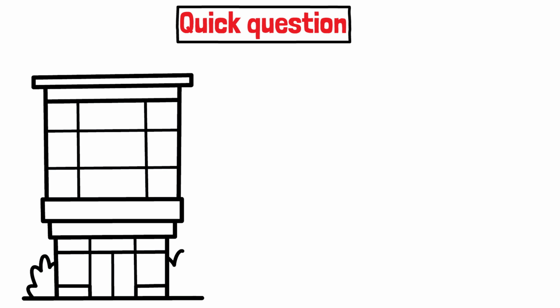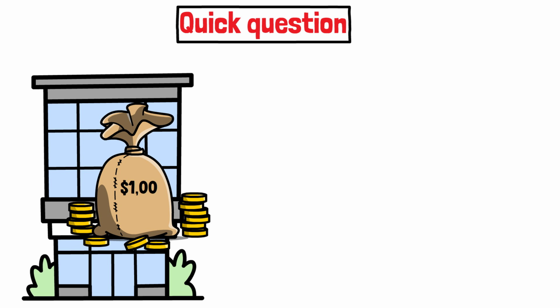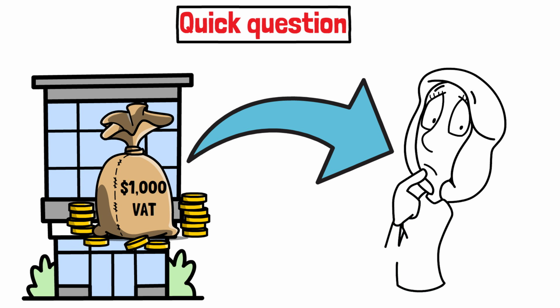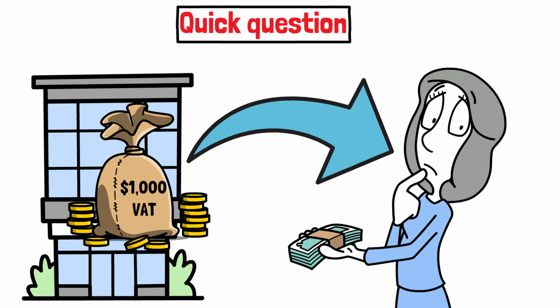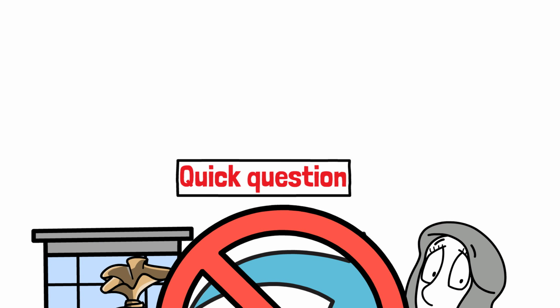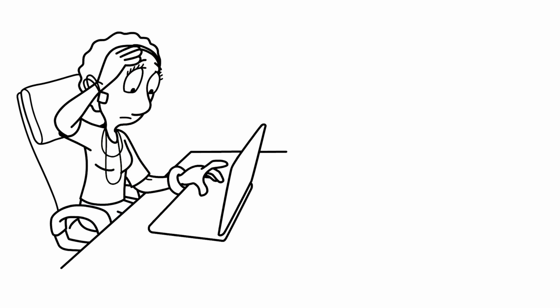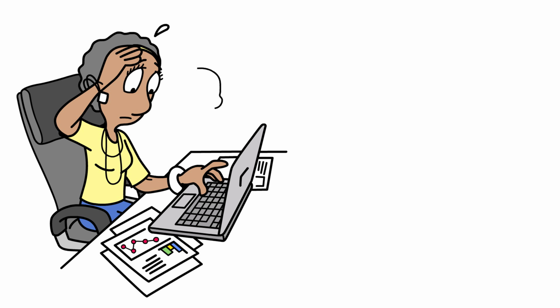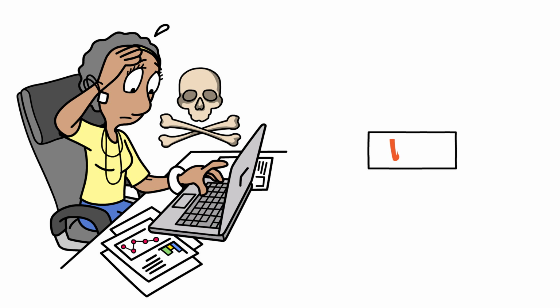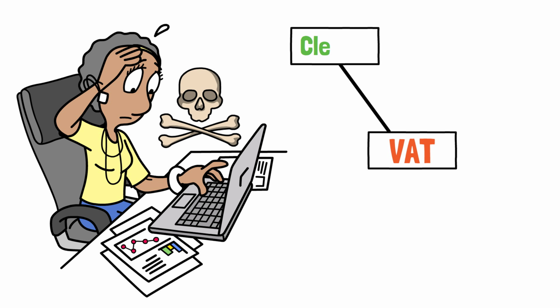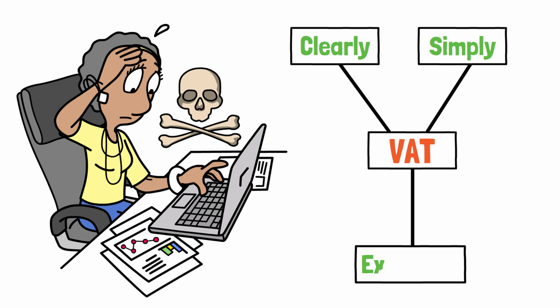If your business collects $1,000 in VAT this month, does that mean you've earned an extra $1,000? Absolutely not. And misunderstanding this is one of the fastest ways that businesses can get into tax trouble. So let's break VAT down clearly, simply, and with examples you can actually use.